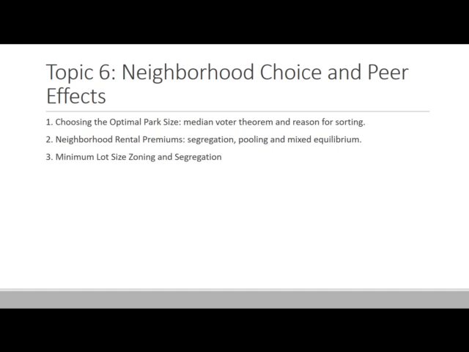And in the long run, that will help to create segregation between rich and poor, and that may not be a good outcome for the poor people. So that's the idea of the relation between minimum lot size zoning and segregation. Okay, that's for topic 6.